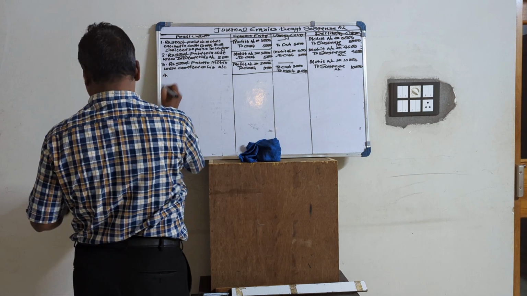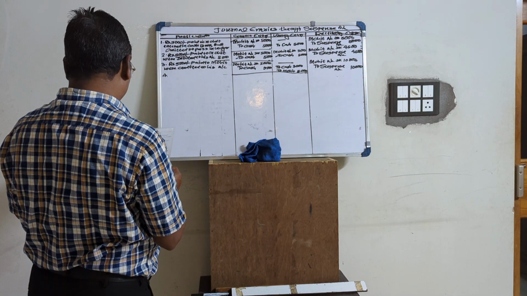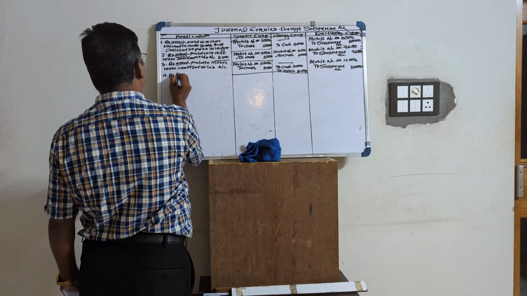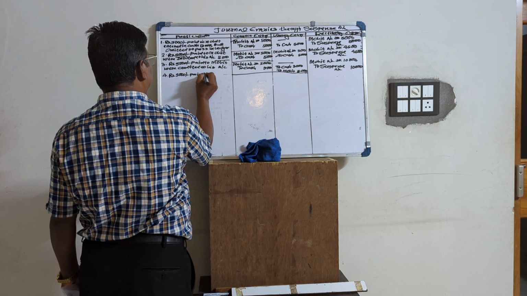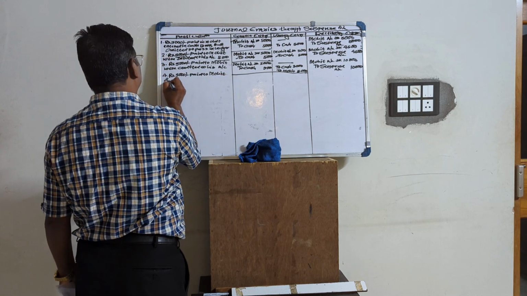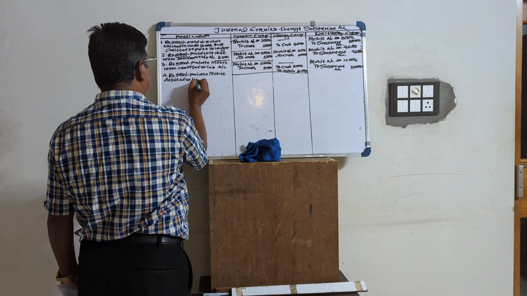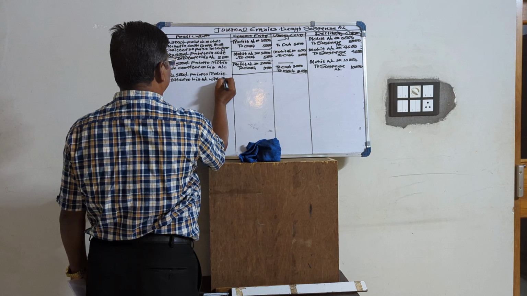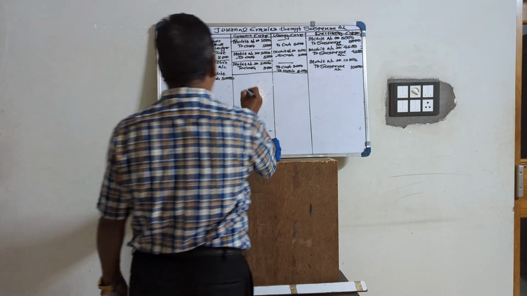Then fourth. Rupees 5,000 paid to Mohit were debited to his account as 50,000. So Mohit's account should be debited with 5,000.